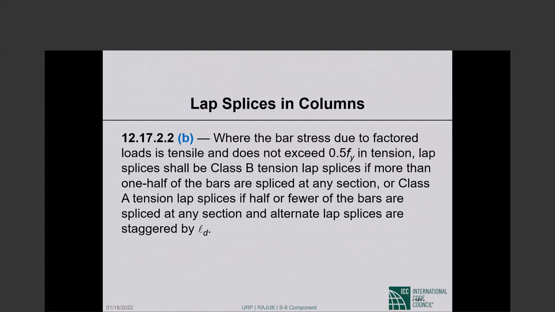So where the bar stress due to factored loads is tensile, these are column bars.